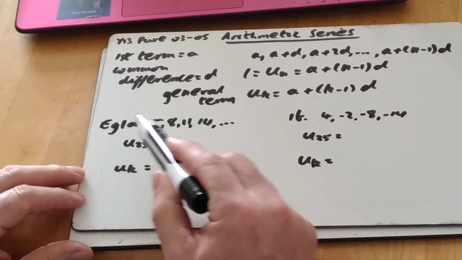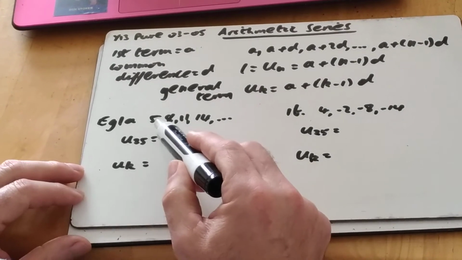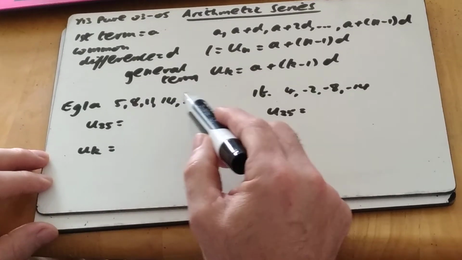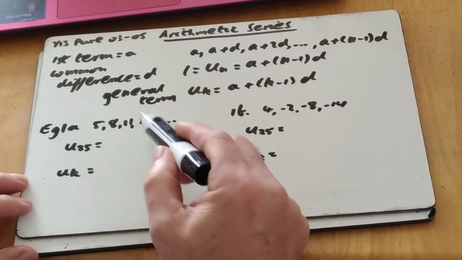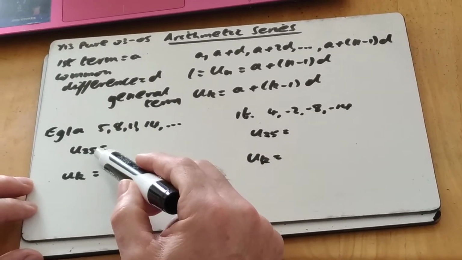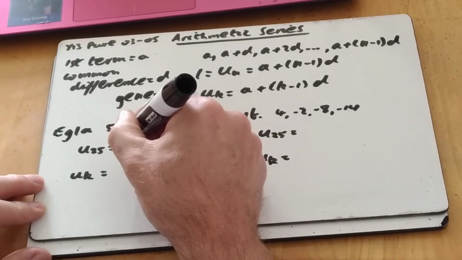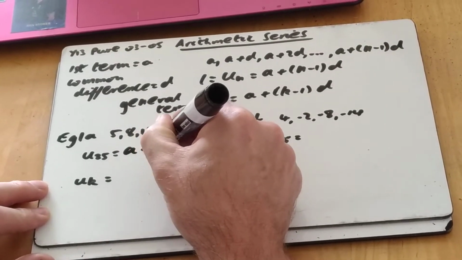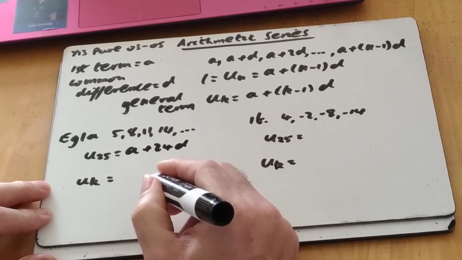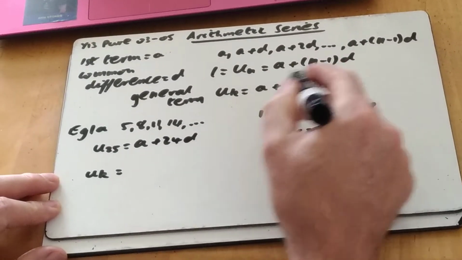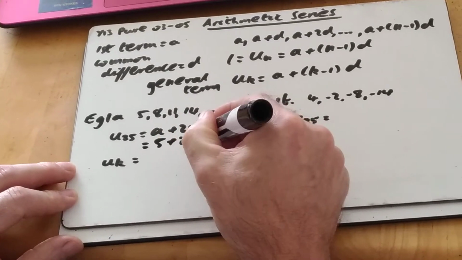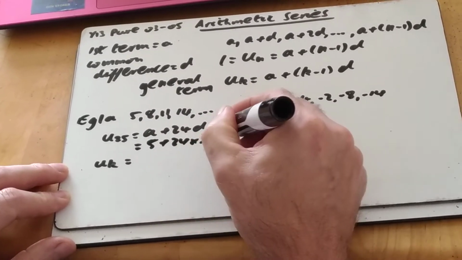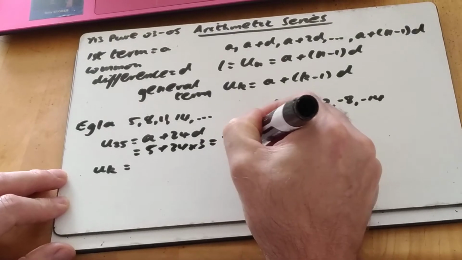So, a couple of examples then. If we've got a series that goes 5, 8, 11, 14 and so on, it's going up in threes. I know that A is 5, D is 3, and if I want the 25th term, it's a good idea to remind myself what I'm doing. It's A plus 24D. So it's 5 plus 24 times 3, 72 plus 5, 77.